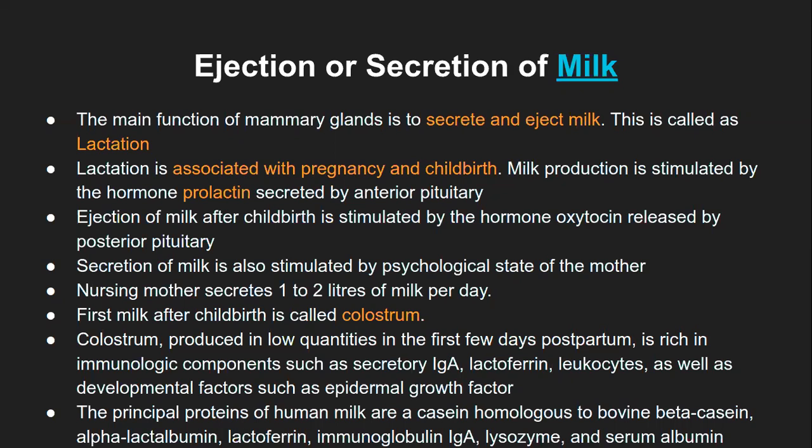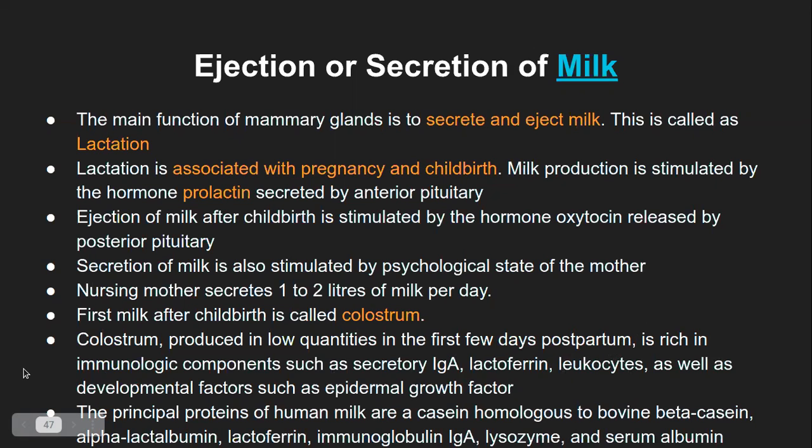Something similar is also called postpartum. So colostrum is produced in low quantities in the first few days after the birth of the baby, that is postpartum, and is very rich in immunologic components.